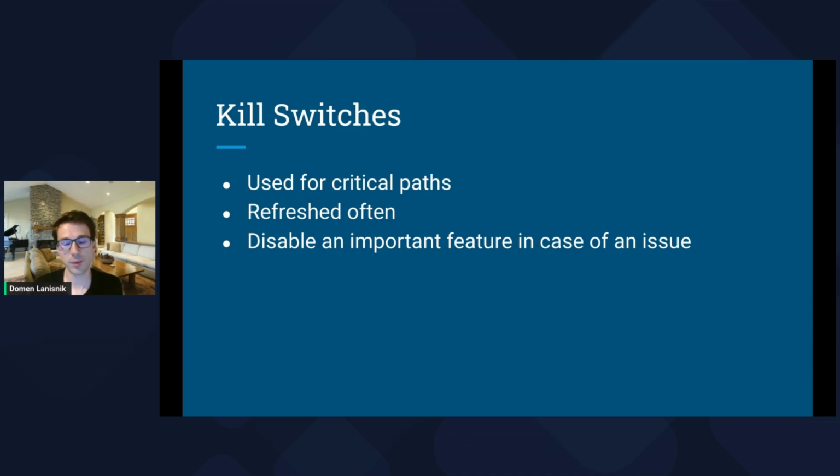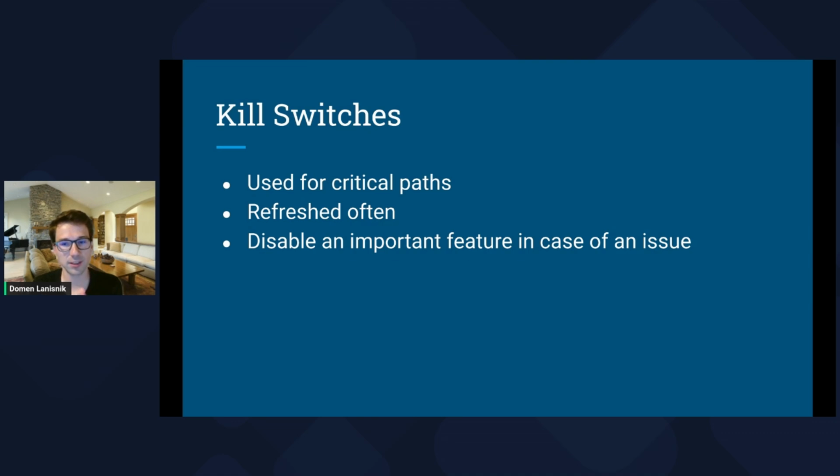So they may be refreshed when the app launches, or in case of Firebase Remote Config, once every hour, right? And if you have a critical feature that's crashing for users, you want to turn it off as soon as possible. And kill switches are refreshed more often.